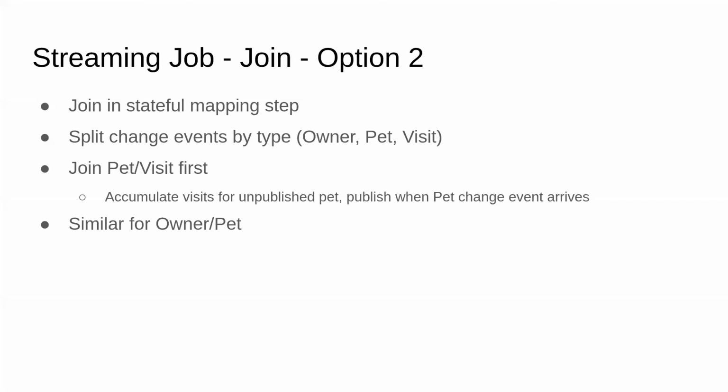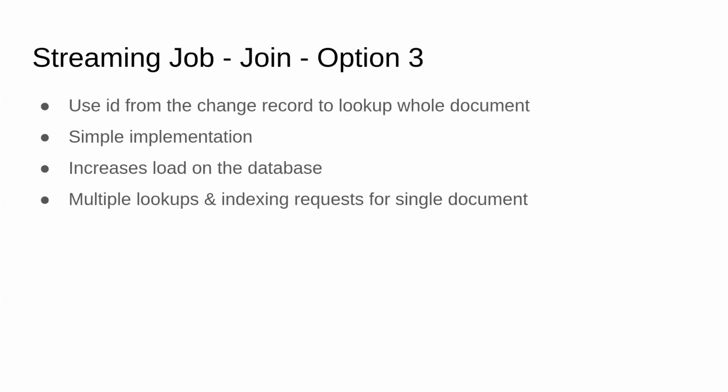And then once you receive the pet, you publish the pet, and then in a second step, you do the same thing for the owner and pet combination. And you basically end up with a full owner document, which you can then write into Elastic in a single indexing request.